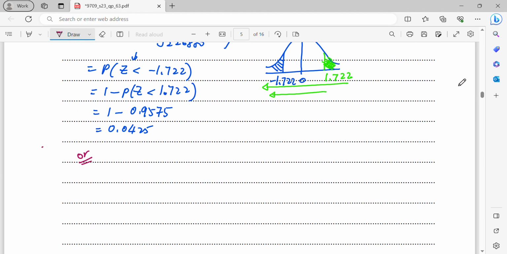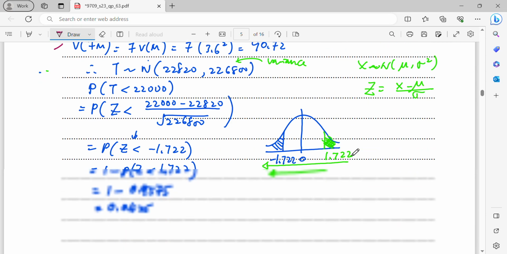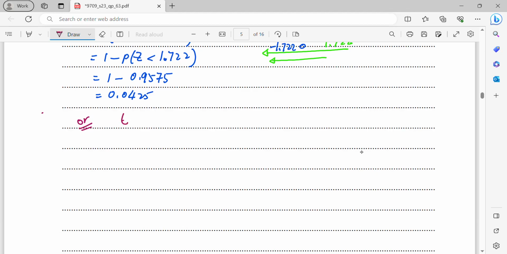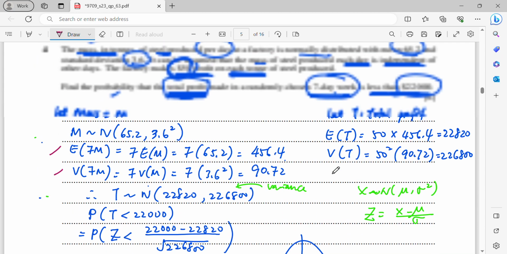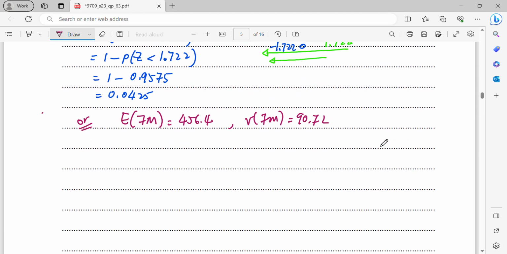I will rewrite my expected value and the variance for the mass for 7 days first. The expected 7m will be 456.4. Then the variance for 7m will be 90.72, because the calculations are here. So you can just rewrite if you use the second method.